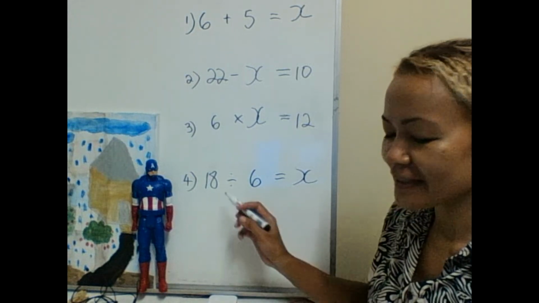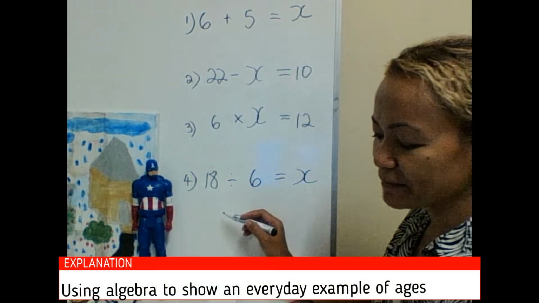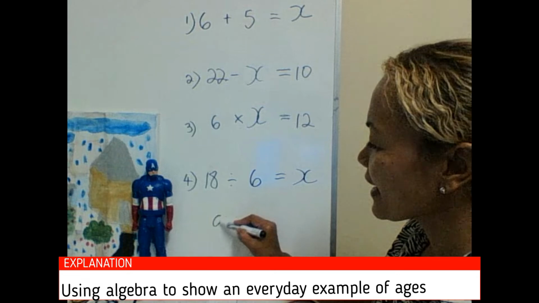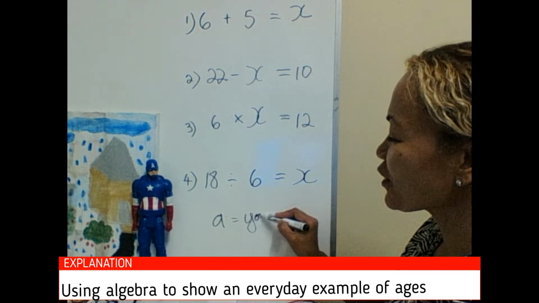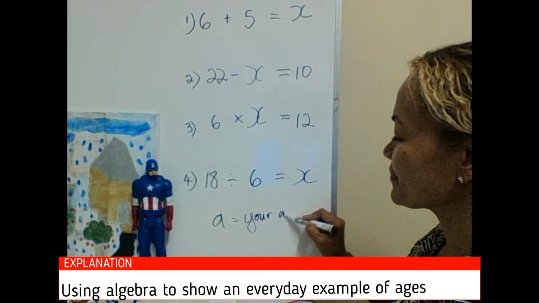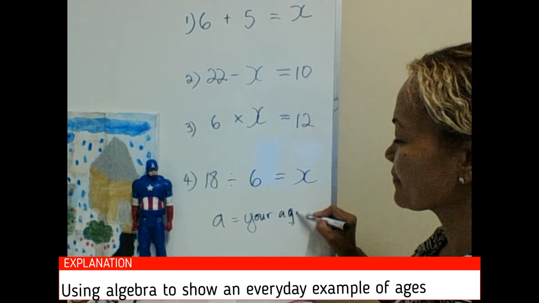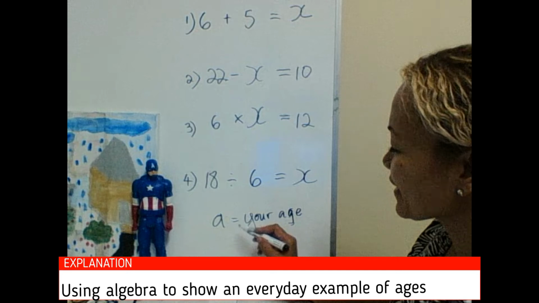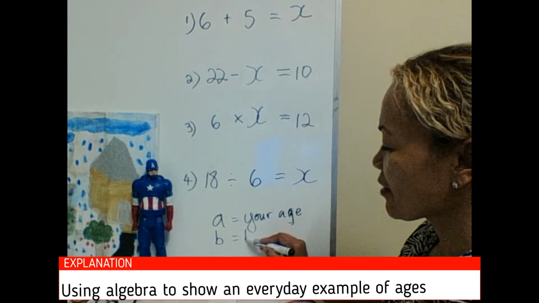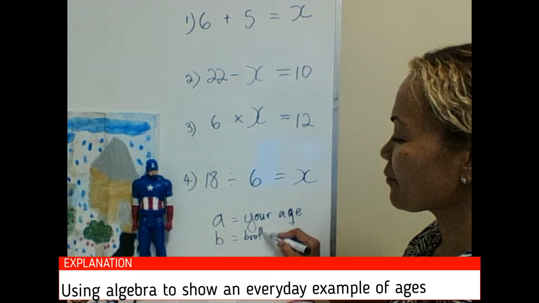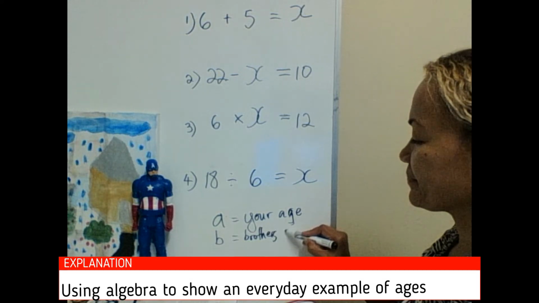So say, for example, and I write it down here, A is your age, right? B is brother's age.